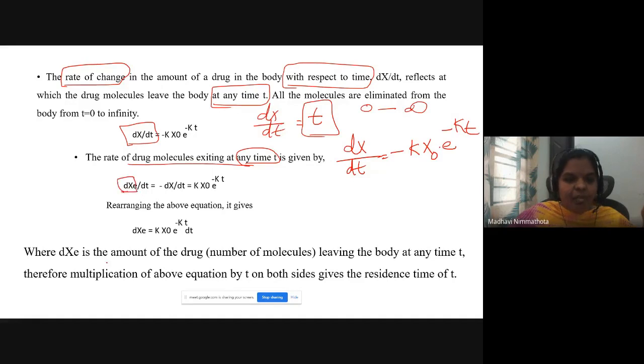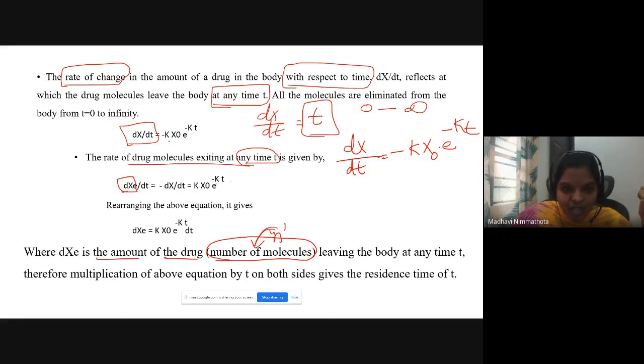dXe is the amount of the drug, that is the number of molecules. So we are taking n number of drug molecules here. So dXe by dt equals minus dX by dt, which equals k into X0 e to the power of minus kt.